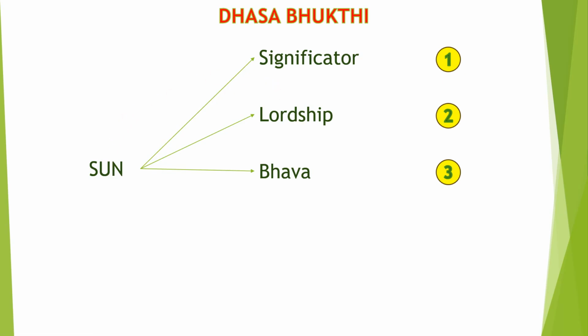Here the Sun is in the second bhava, so it is in the Taurus house. So here the benefits of this significator and the fifth bhava lordship will be delivered through the second bhava in which the Sun is present. So the benefits of the significator and the lordship will be delivered through the bhava in which the planet is present.